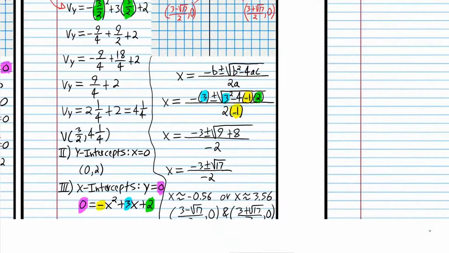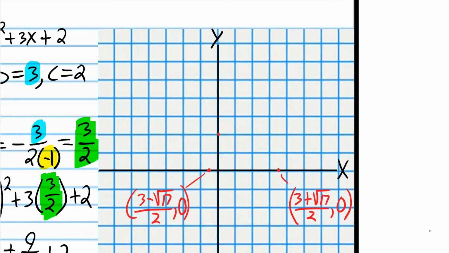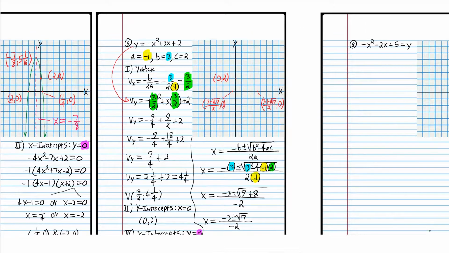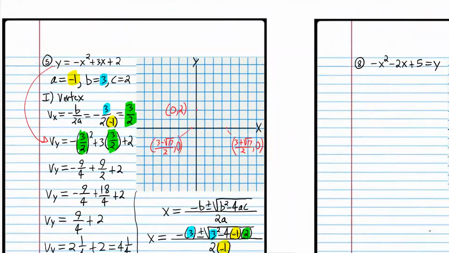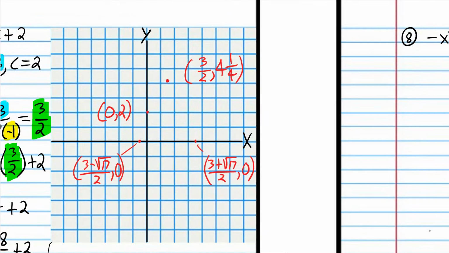And now the y-intercept, that's going to be here, and the vertex was 3/2 and 4 1/4. 3/2 and 4 1/4, that's about here. So now, of course, we just connect the dots.